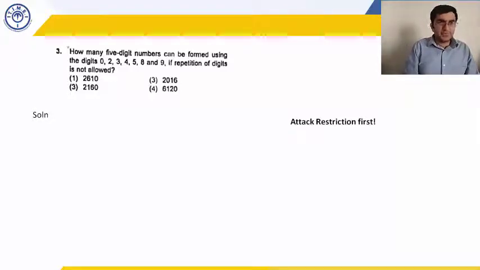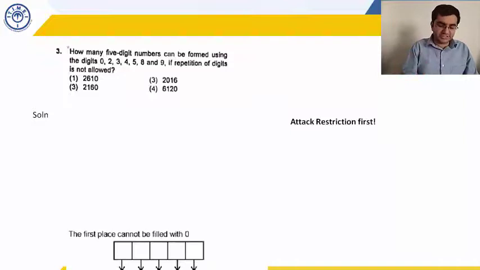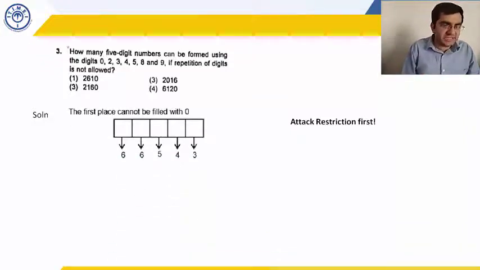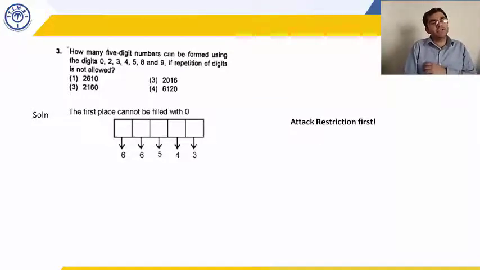Now one more digit is used. Third place of the number can be filled in 5 ways, fourth digit in 4 ways, fifth digit in 3 ways. So 6 into 6 into 5 into 4 into 3 will be your answer.